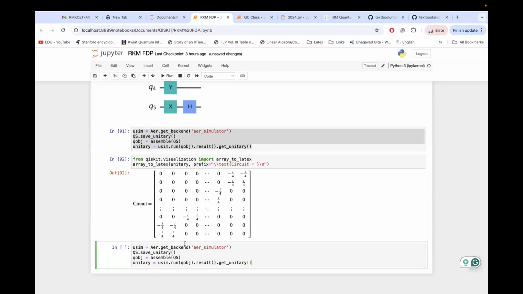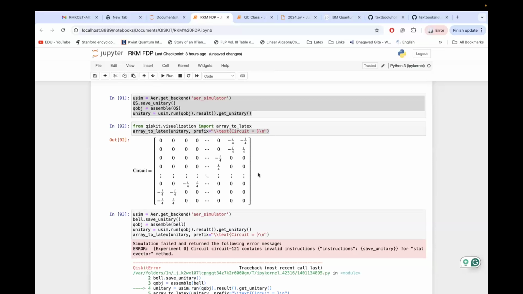There you can use this one, and then you have to change the name to bell. And use this array to LaTeX command to print the unitary operator. Since we are just dealing with a 2-qubit system, it is going to be of dimension 4 cross 4.